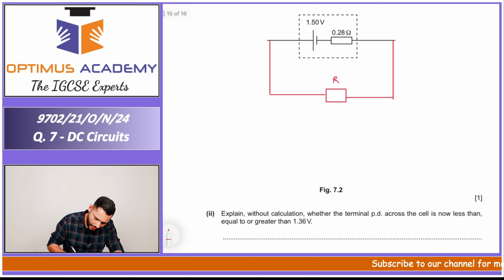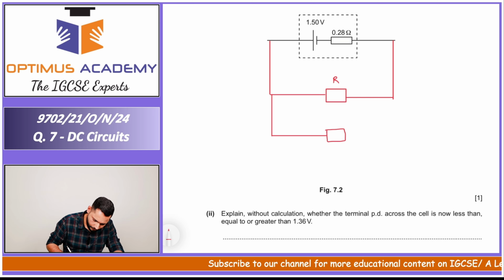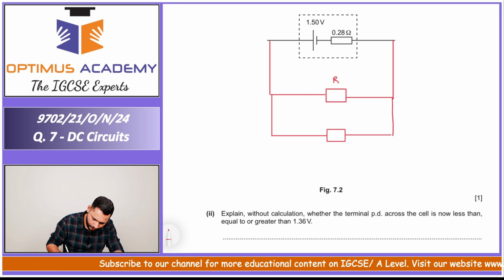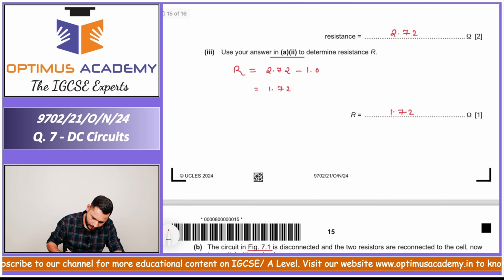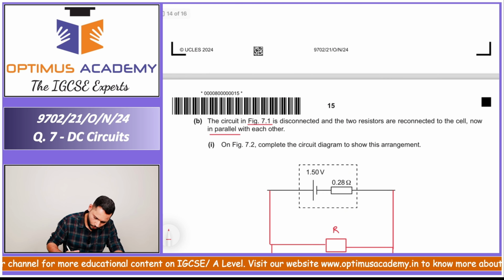This is R. And in parallel with R, we have resistor 1 ohm.